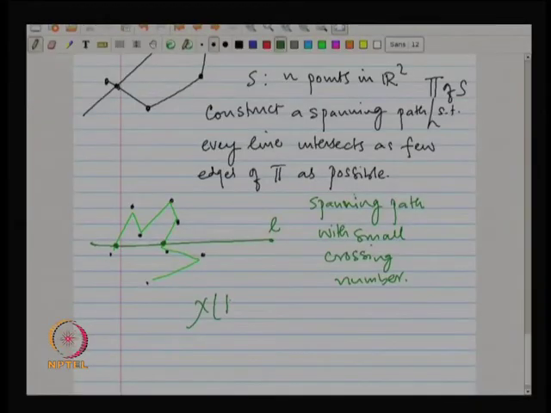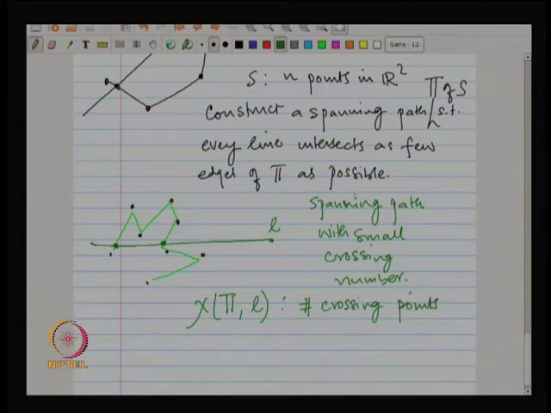So let's introduce some notation. For a path pi and a line L, let's say the number of crossing points is the number of edges it crosses. Okay, so this is for a fixed line and a fixed path.